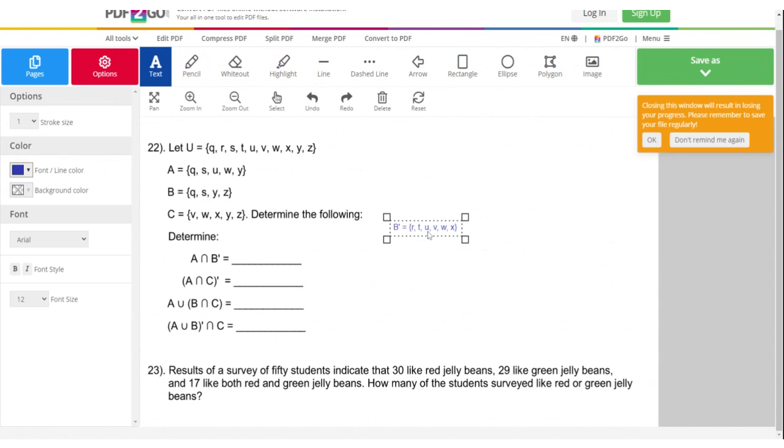Looks like the only things that are common are... To find the complement intersection, we first need to find that intersection.